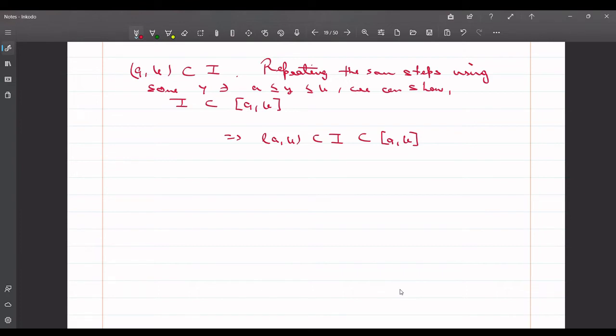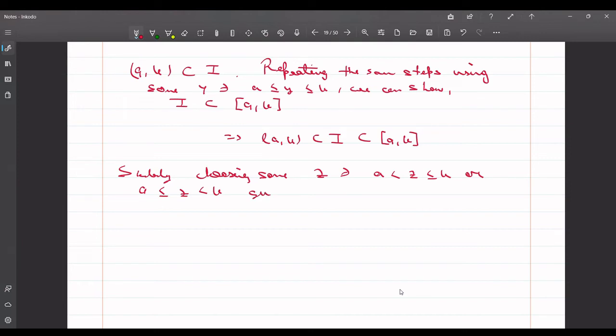Now we can choose the same steps taking equality on one side. Choosing some z such that A less than z less than or equal to B will give you that I is of the form left open, right closed. If you take the equality on the left side, you will get left closed, right open.